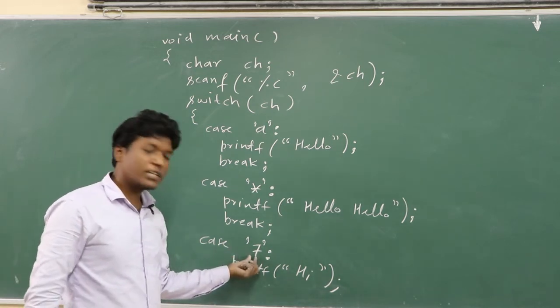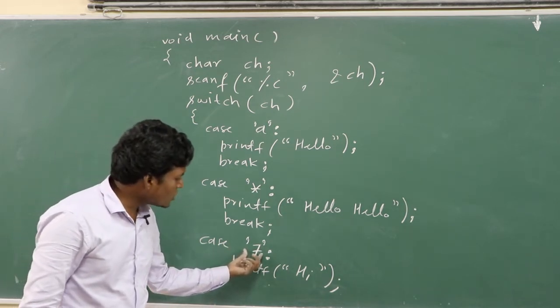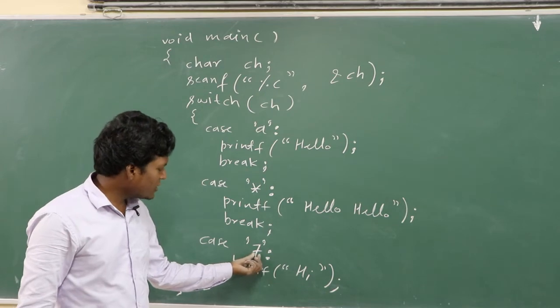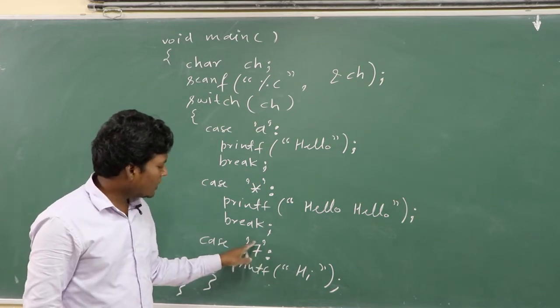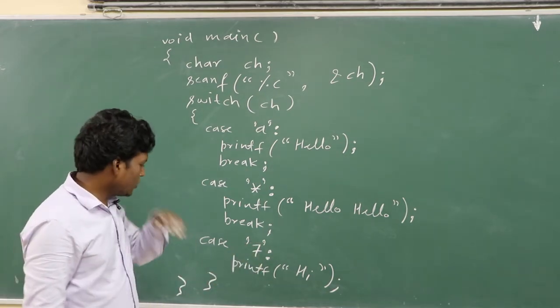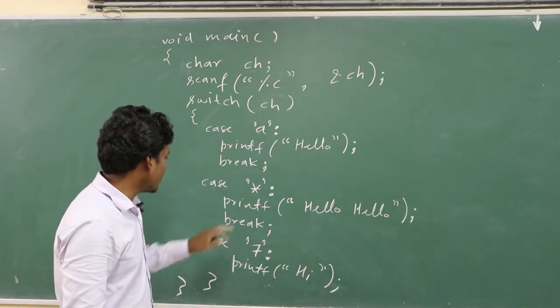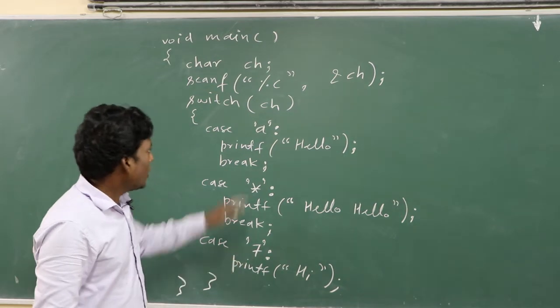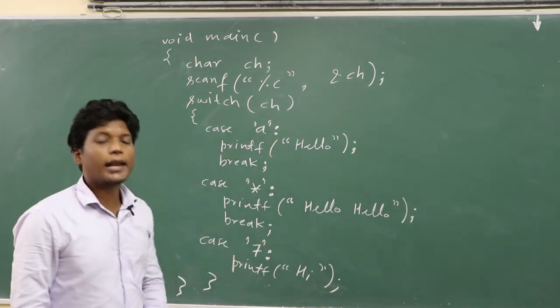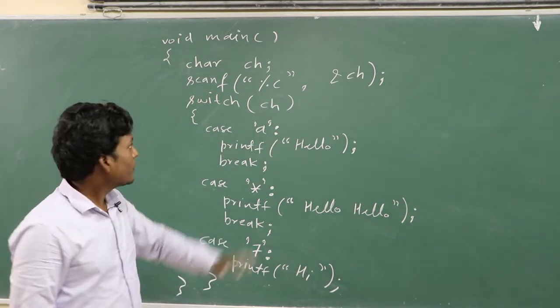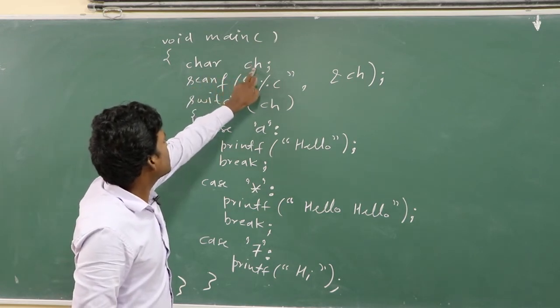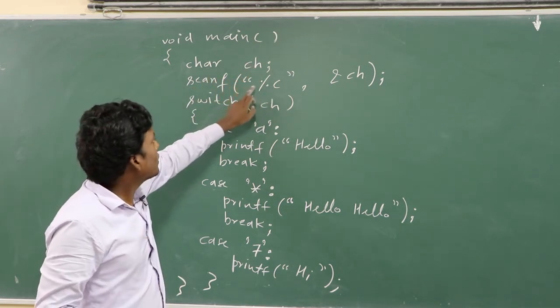So 7 is not an integer value. 7 is a character constant here because it is enclosed within inverted commas. So there are three cases, case 'A', case asterisk and case '7'. All three cases are character constants. Okay. Here char ch is a character variable.